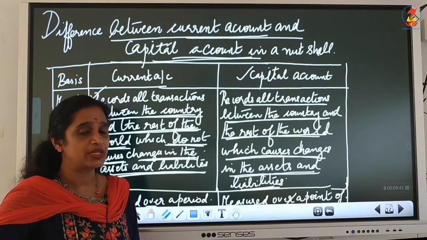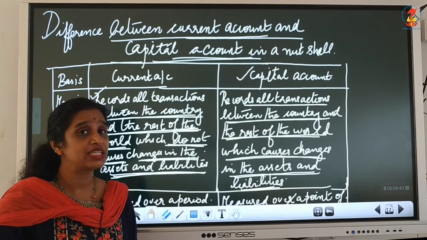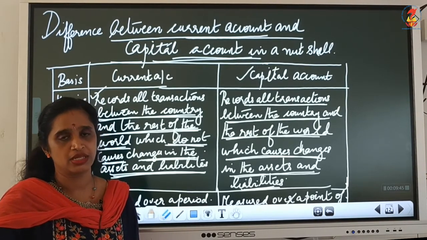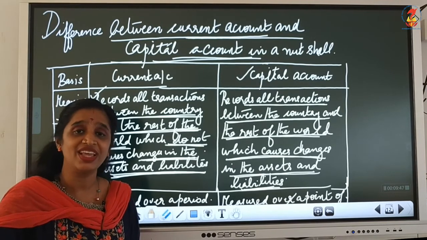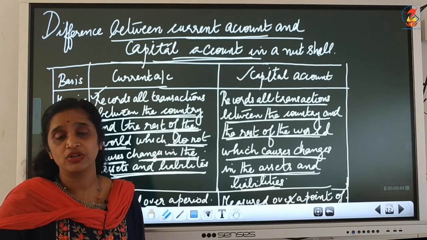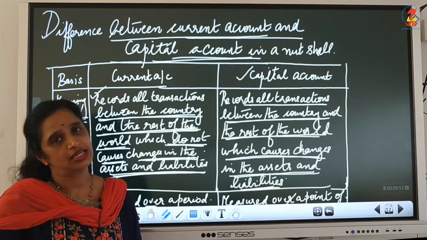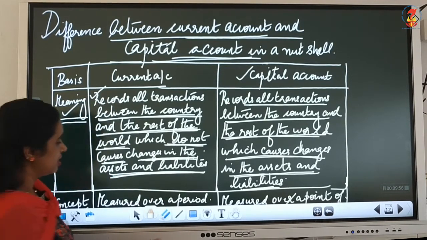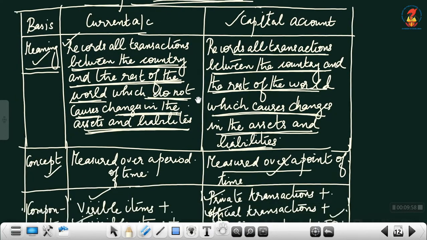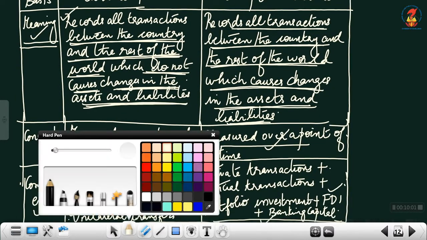Definitely, you know, capital account consists of capital receipts and capital payments. Therefore, it causes a change in the assets and liabilities. So on the basis of meaning, we have differentiated capital account and current account. Next difference is on the basis of concept.